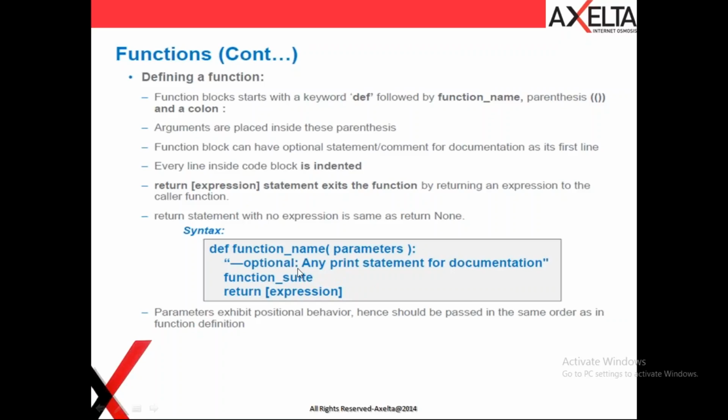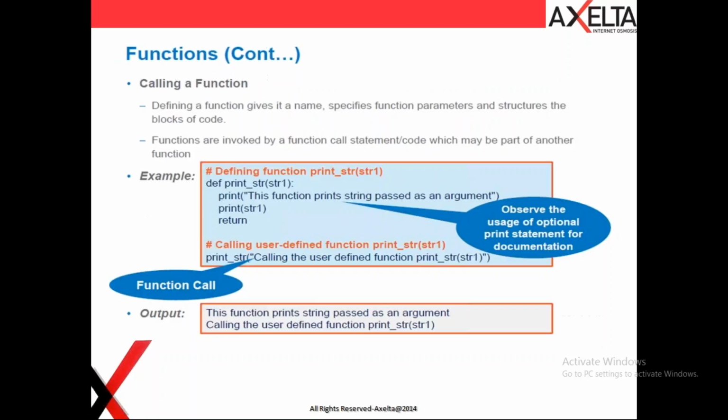You can have another function with other indentations also, nested functions, and the function will have a return statement for returning some value or an expression, like how we normally return in C or Java. Is it clear? Any doubt? No. Okay, so this is how to create and define a function.